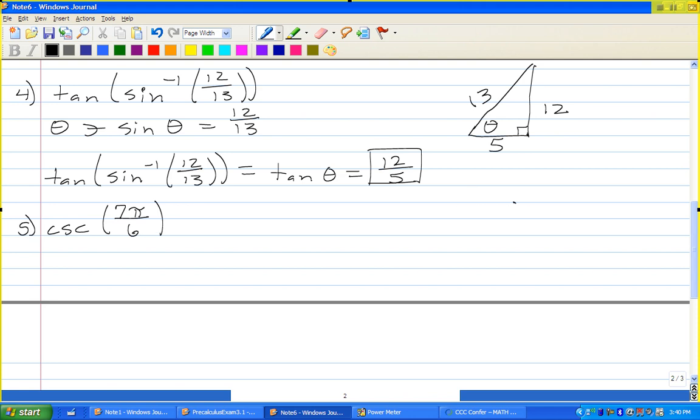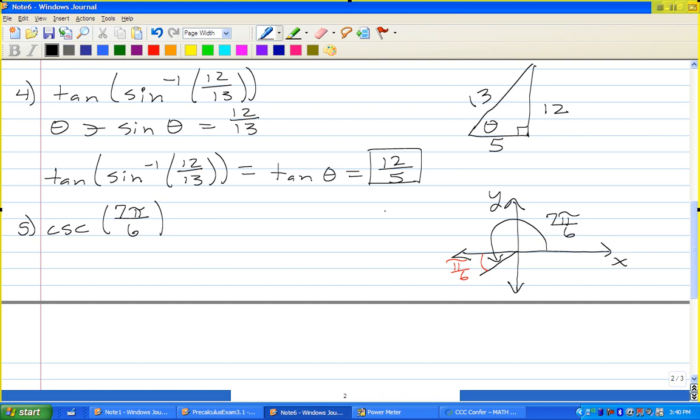And so let's determine the quadrant of the angle. So 6 pi over 6, 7 pi over 6. So your reference angle is pi over 6.